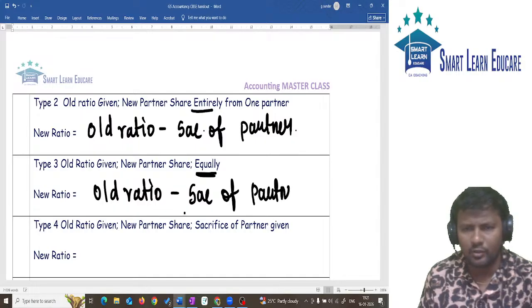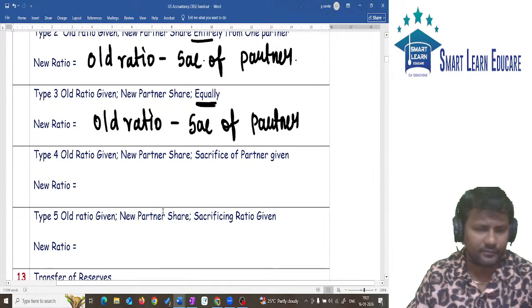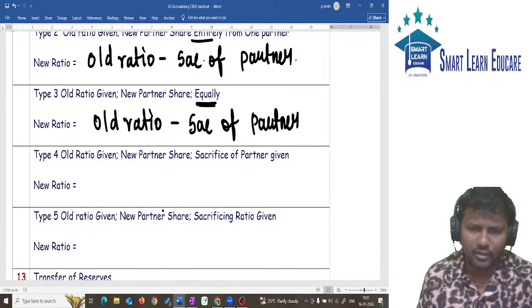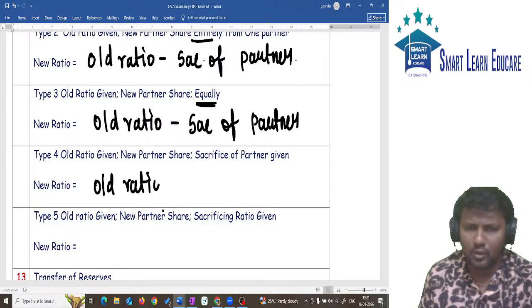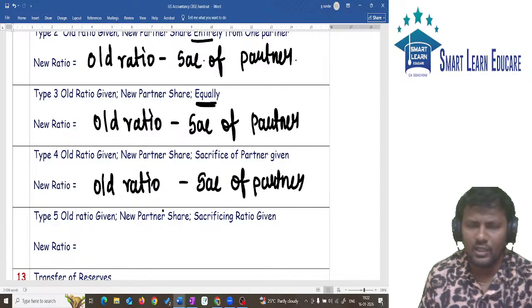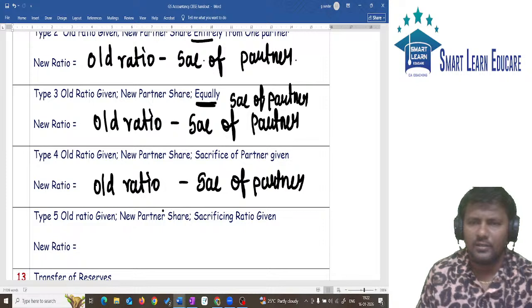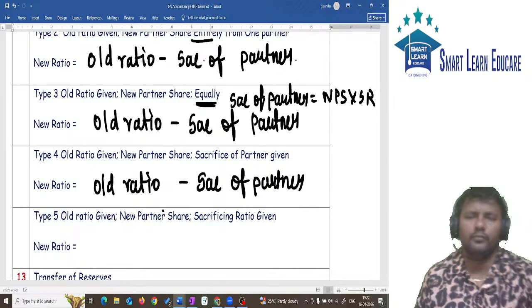New ratio is equal to old ratio minus sacrifice of partner. If new ratio is given, old ratio is given, and sacrifice of partner is directly given, it is still the same. New ratio is equal to old ratio minus sacrifice of partner. Where equal is given, sacrifice of partner is equal to new partner share into sacrificing ratio.